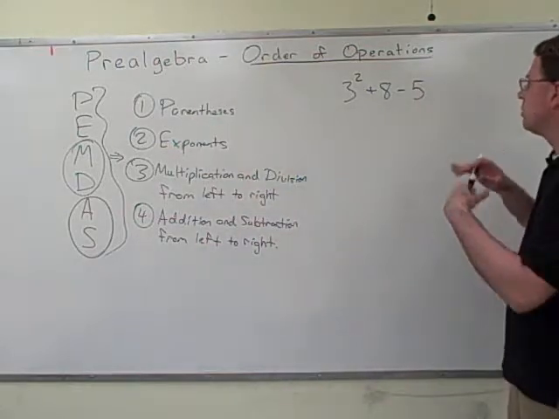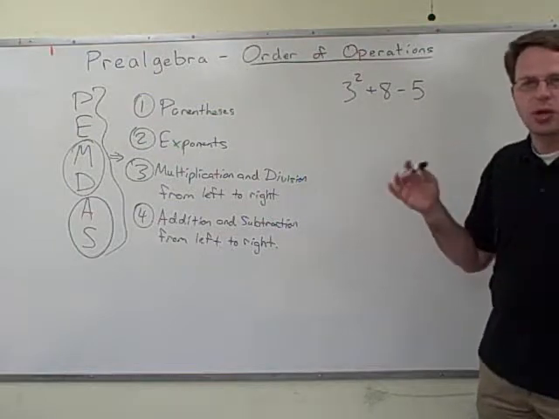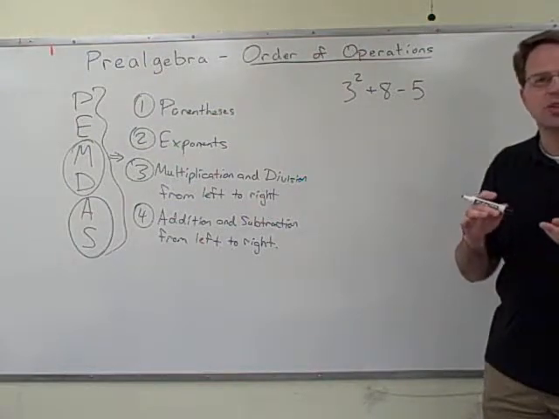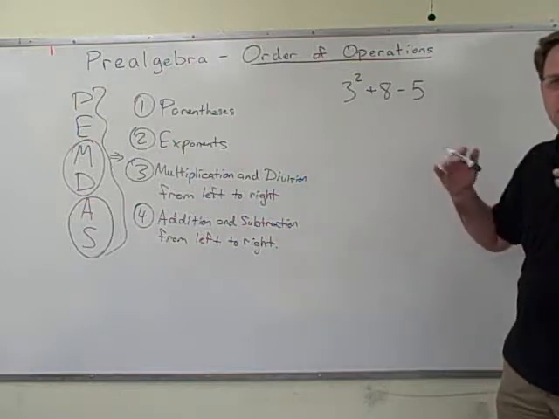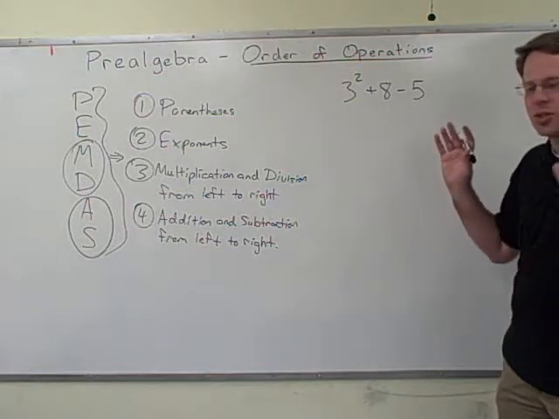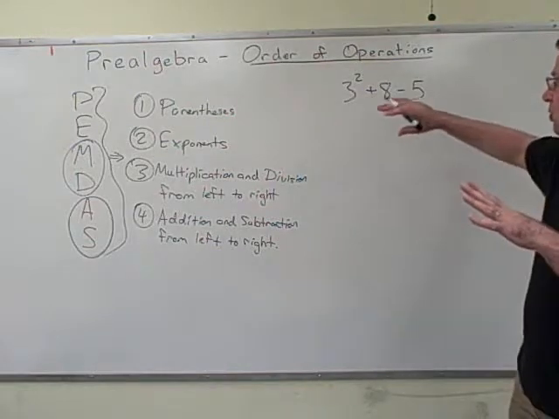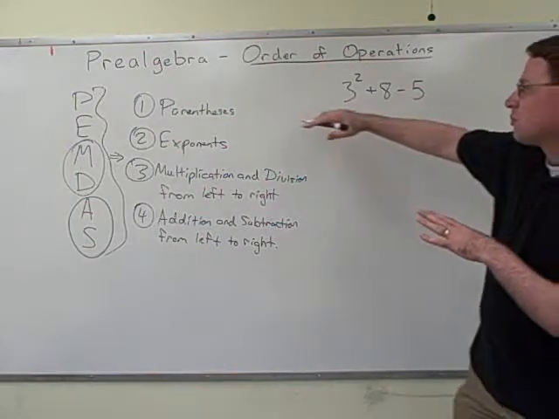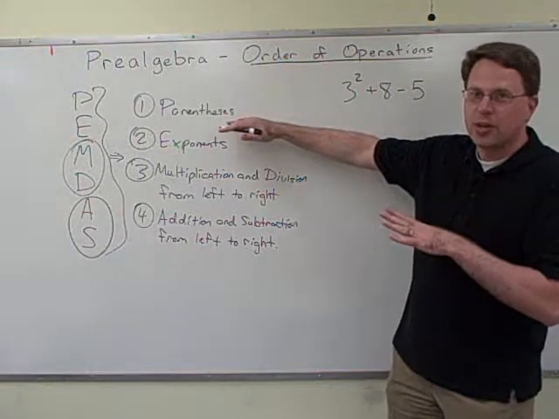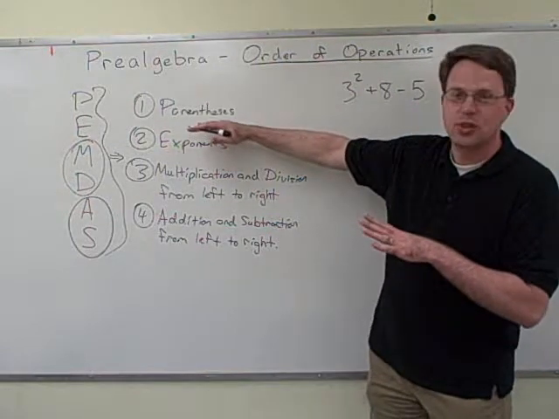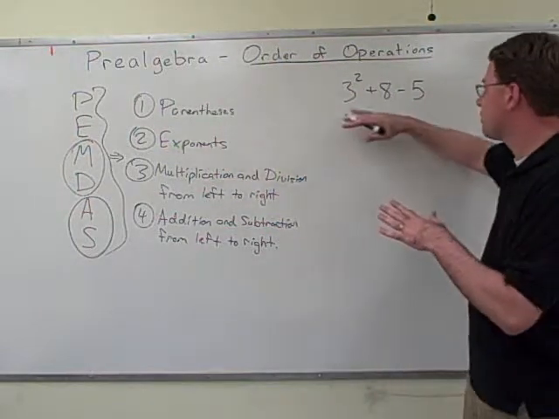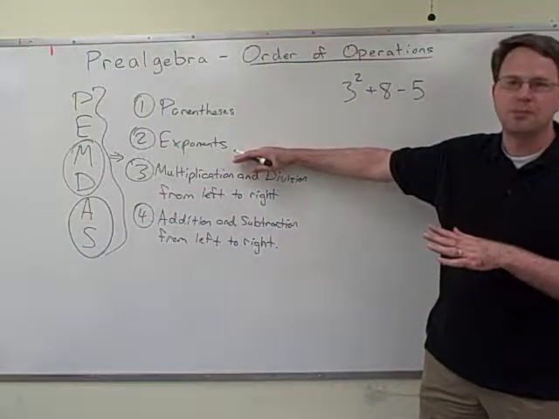Where are the parentheses that I do first? Well, guess what? There are no parentheses. Did I do something wrong? Don't worry, calm down. There's no parentheses, that's okay. If it's not there, you just get to skip it, like a day off. You can go right on to the next thing.